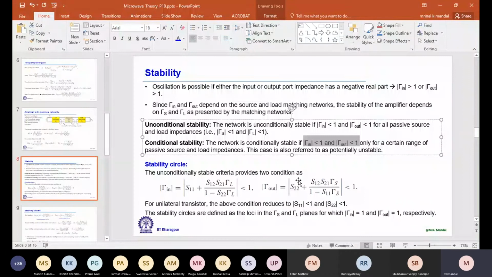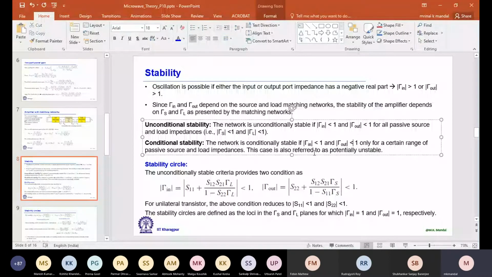If only for a given range of gamma S or gamma L we achieve this condition, gamma in less than 1 and gamma out less than 1, then that is called conditional stability, or sometimes potentially unstable. That means only a range of gamma S and gamma L will give you gamma in less than 1 and gamma out less than 1.